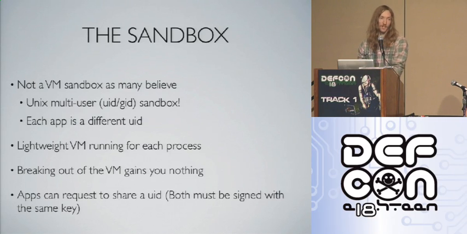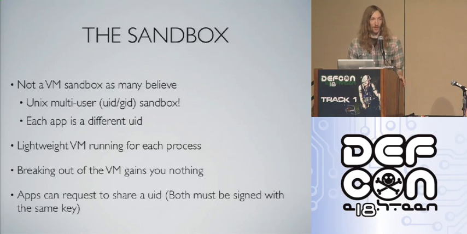Each application running is going to have its own lightweight VM, which is the Dalvik VM, which is just a Java-like VM that is based off of passing through registers rather than on the stack. And if you're able to break out of this VM, you gain nothing. If you're able to get native code execution, you're still going to be running the same process with the same user privilege that the VM itself had.